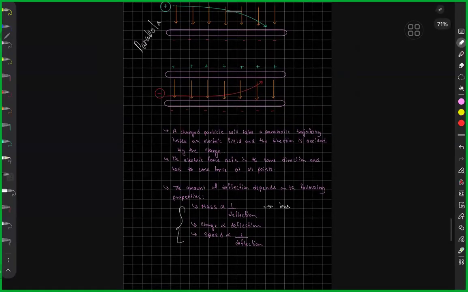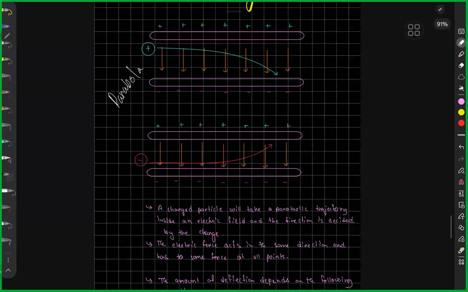Now, what does less deflection look like? Let's say I have an ion with +1 charge, and it deflects like this green line. And now I have a heavier ion, but the same +1 charge. You know what will happen?